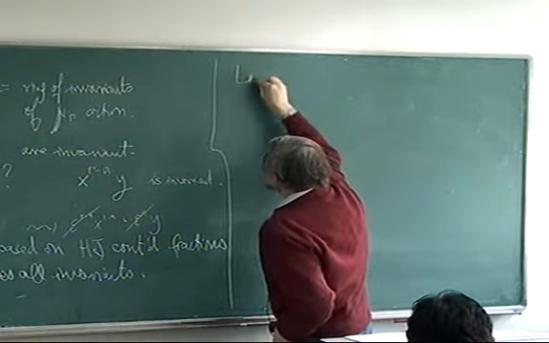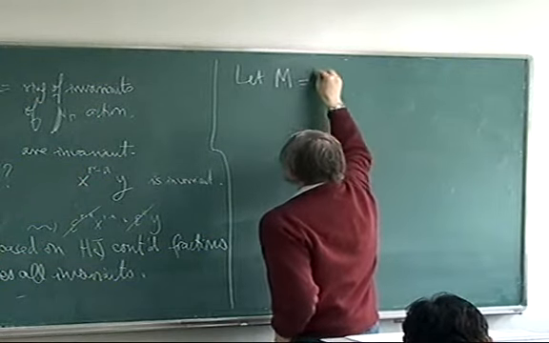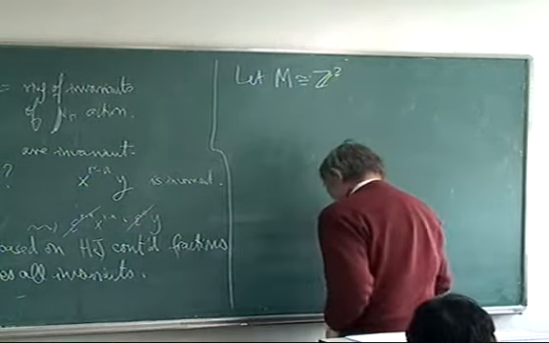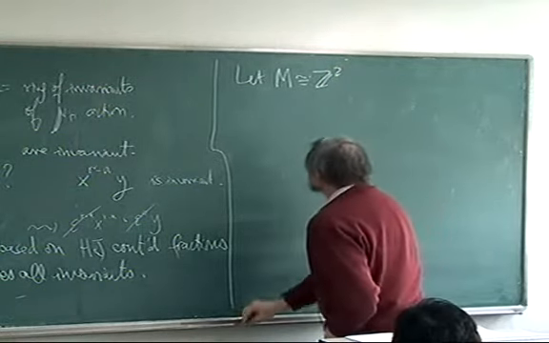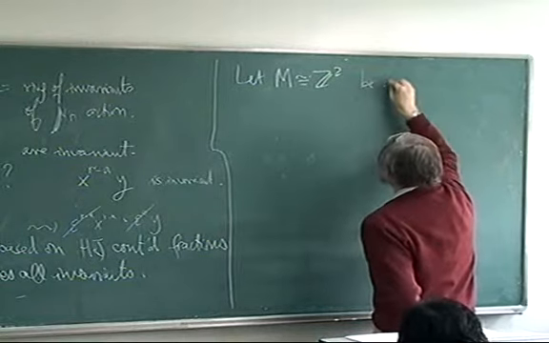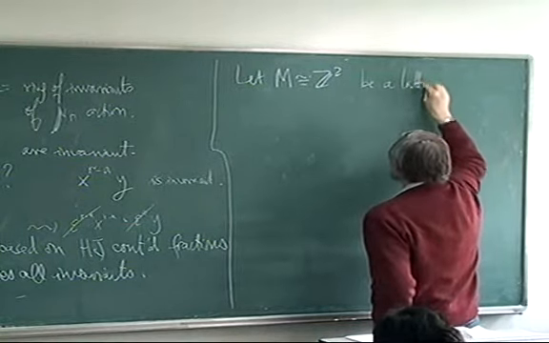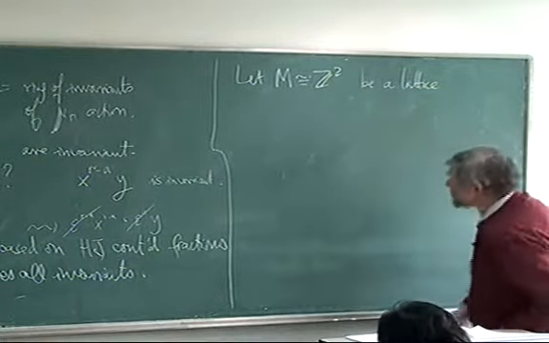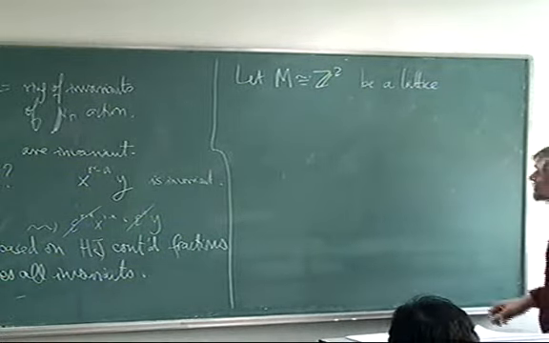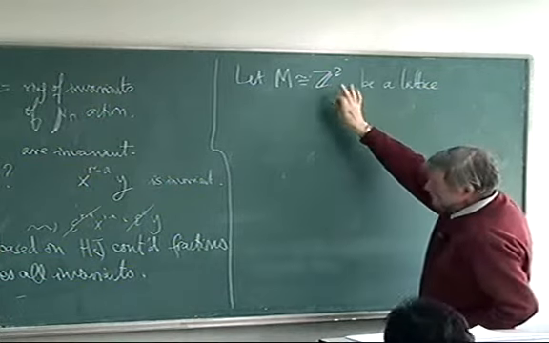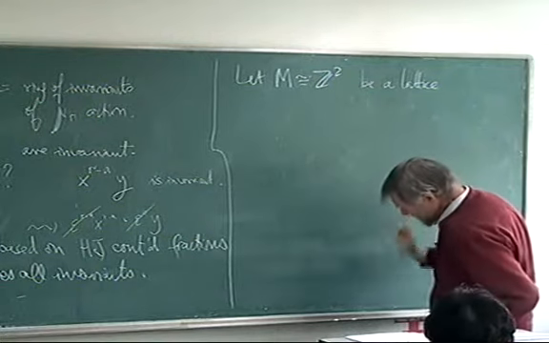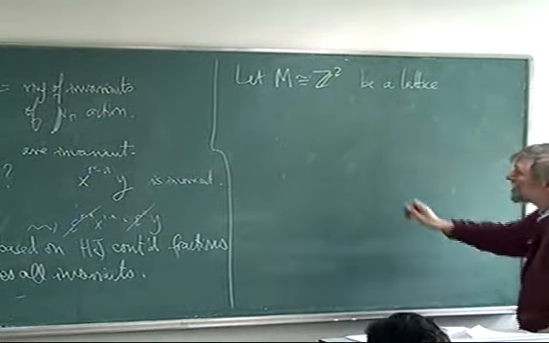So let M, isomorphic to Z2, be a lattice. So it's just an abelian group that happens to be isomorphic to 2 copies of Z. The point here is this is isomorphic to Z2, but I haven't yet chosen the basis.